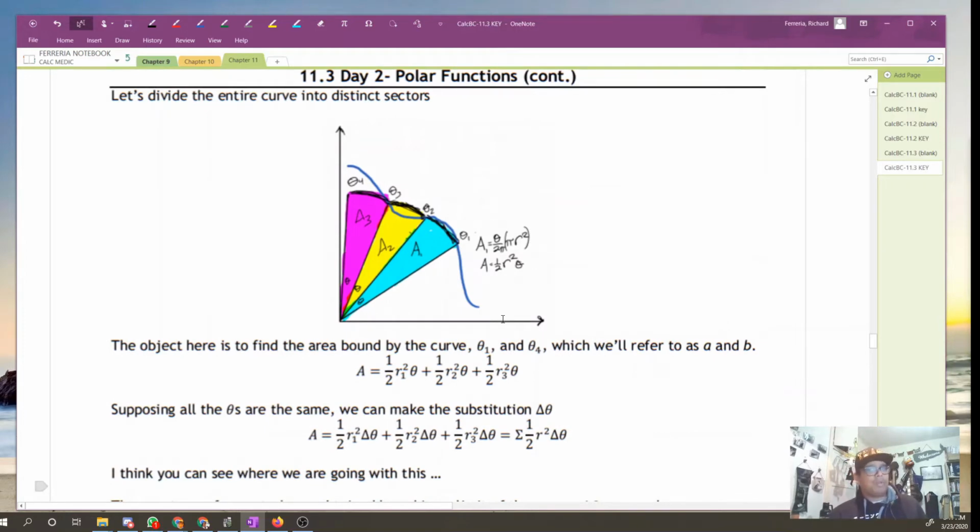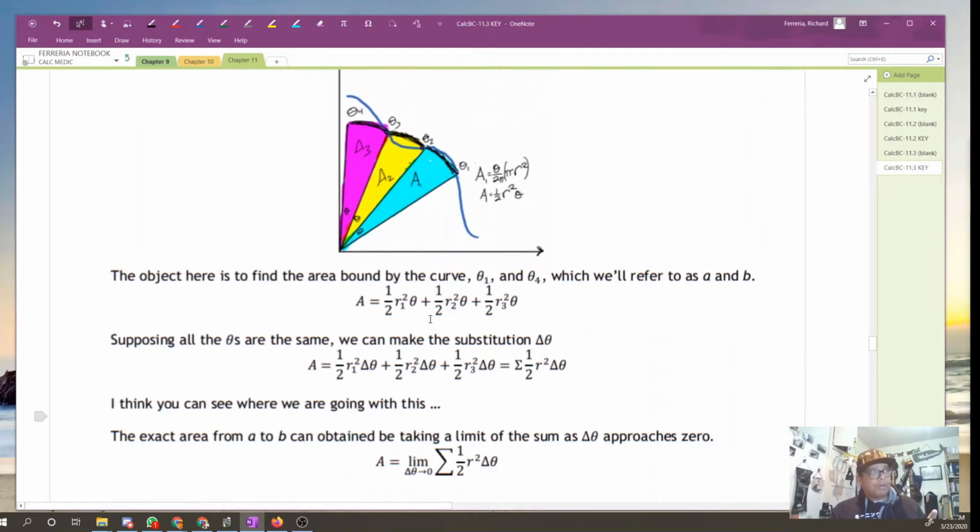How about here? If I wanted to find the area of a whole section here, maybe instead of doing one pizza slice, I do 3 pizza slices. So here we see area 1, area 2, area 3. You notice that each of those pizza slices have slightly different radii, and they therefore have slightly different areas. But the area is still governed by that same formula, 1/2 r squared theta.